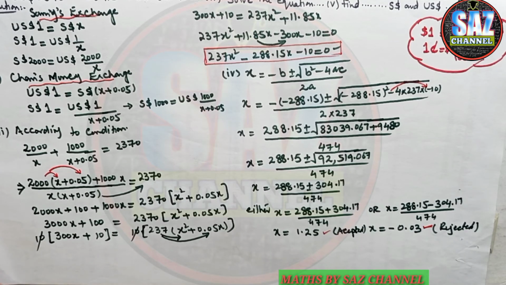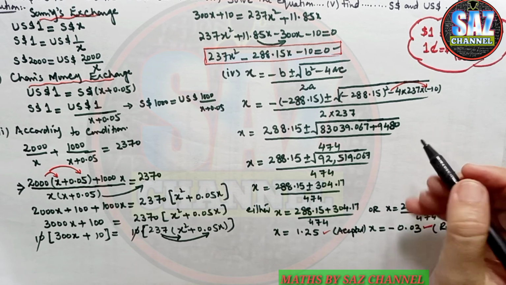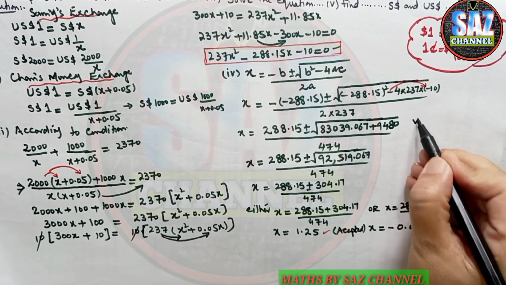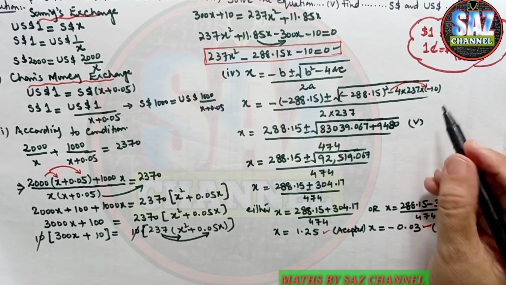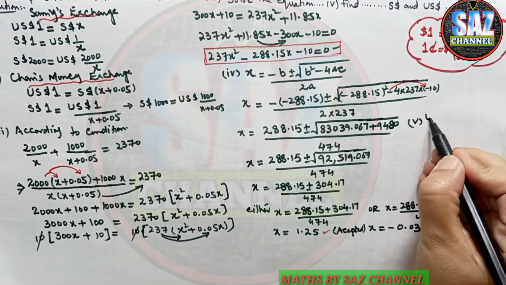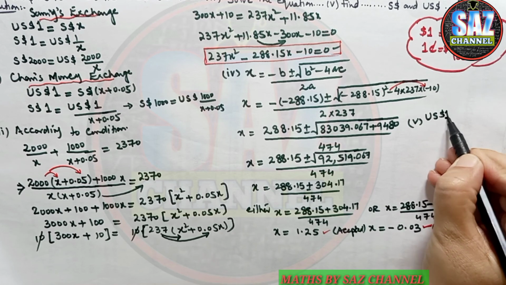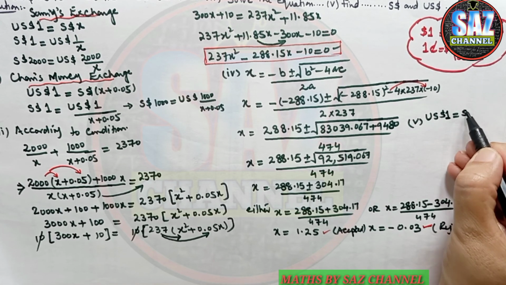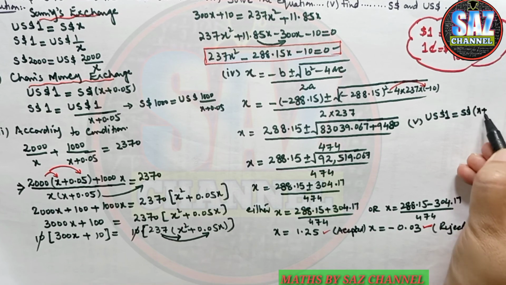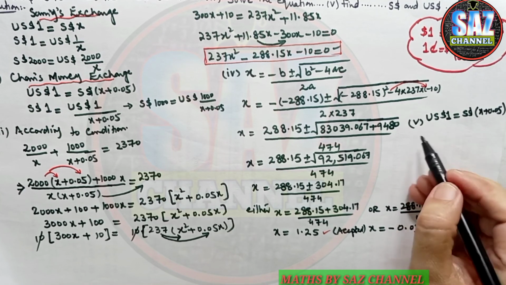Now let's read the last part of the question, which says to find the exchange rate between Singaporean dollars and US dollars offered by Chance Money Exchange. This is the fifth part of the question, and the exchange rate is that US dollar 1 equals Singaporean dollar x plus 0.05.